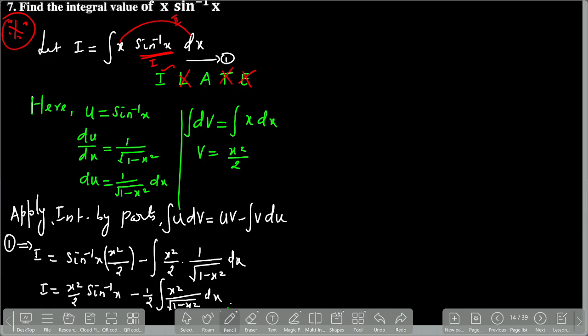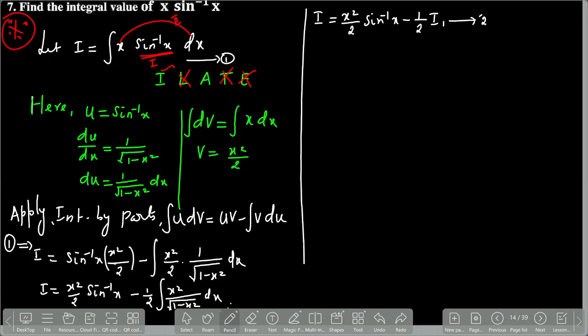There is no direct formula, and we are unable to use the substitution method, so we need to make some adjustment. I equal to x square by 2 into sine inverse of x minus 1 by 2 into I1. Equation number 2.